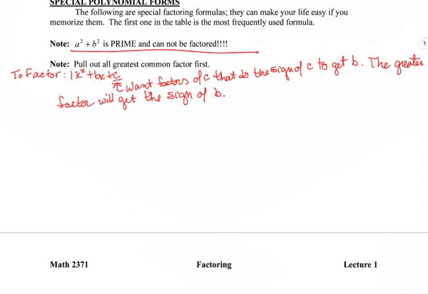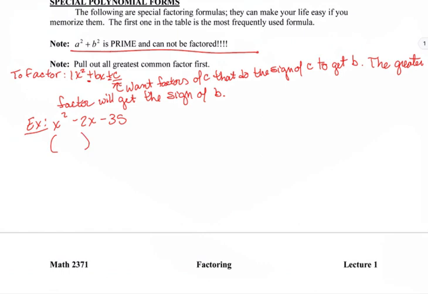All right? So if this is ax squared minus bx minus c, then that's a different thing. Now let's talk about an example of this. Say that I had x squared minus 2x minus 35. How do I factor that?